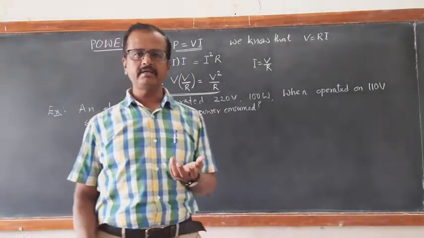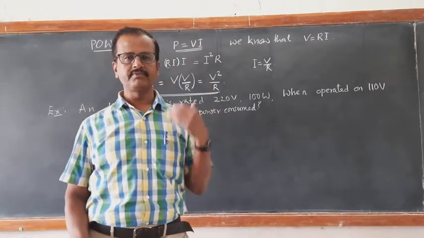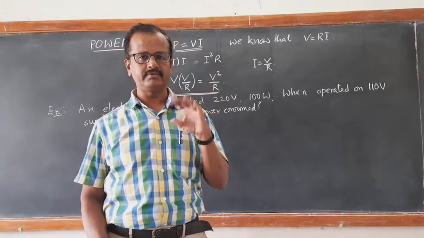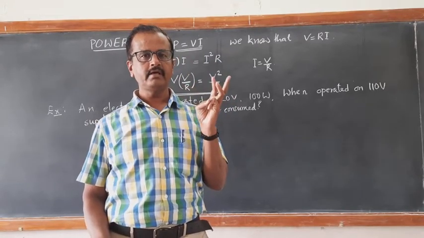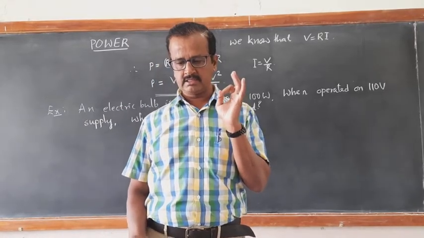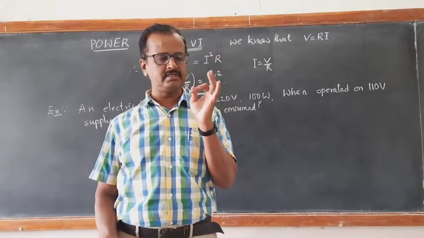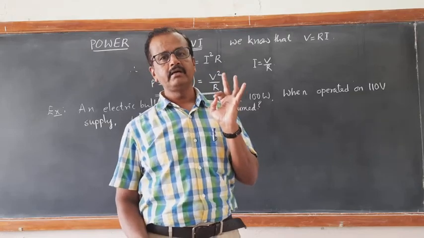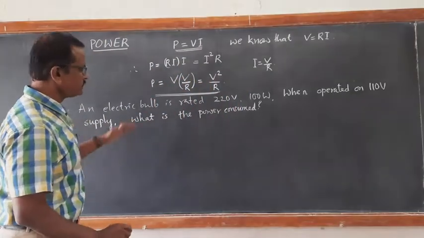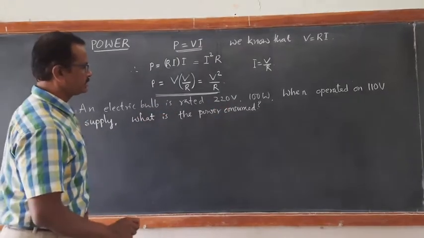Will it be 100 watt itself, or 50 watt, or 75 watt, or 25 watt? Four options. A 100 watt, B 50 watt, C 75 watt, D 25 watt. Which is the correct answer? Let us solve the problem, then we will come to the correct answer.